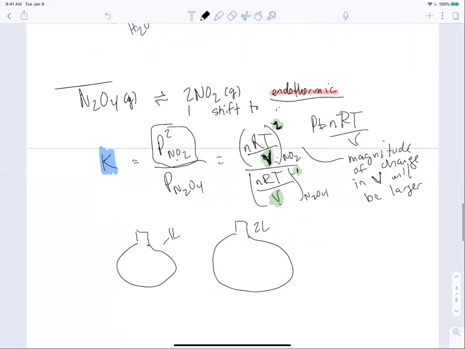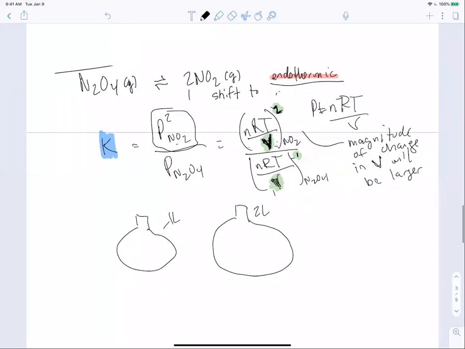Because V is the same for both of these, because they're both in the same container, V is equal to 2, and in the numerator up here that's going to end up being a 4.